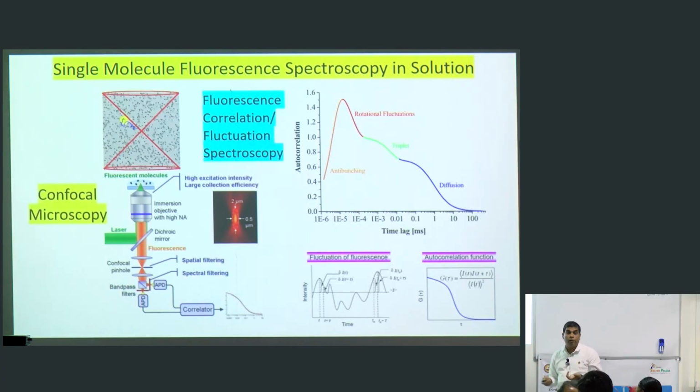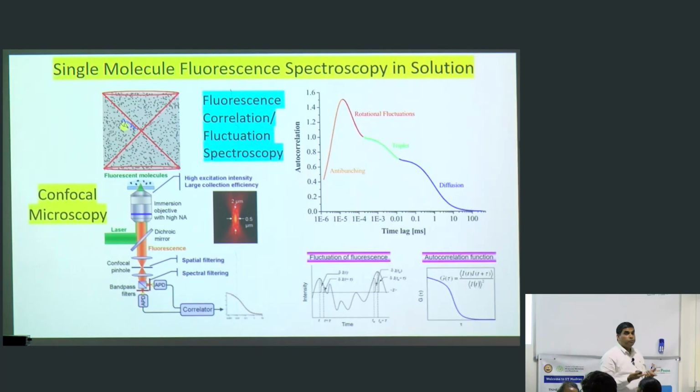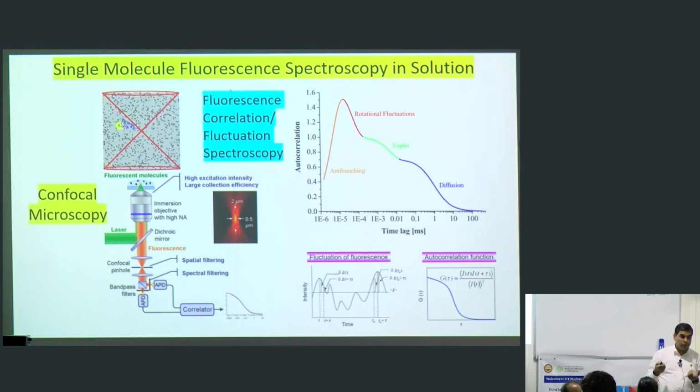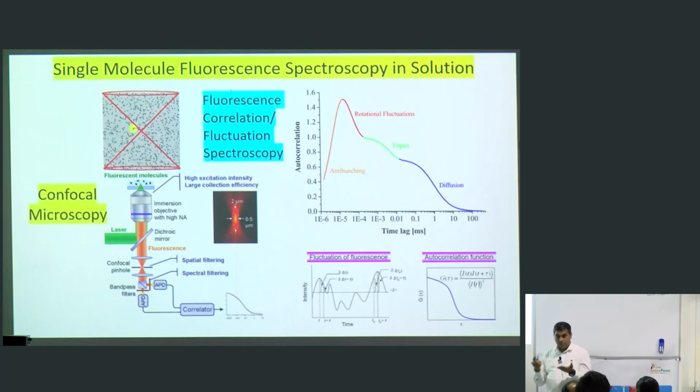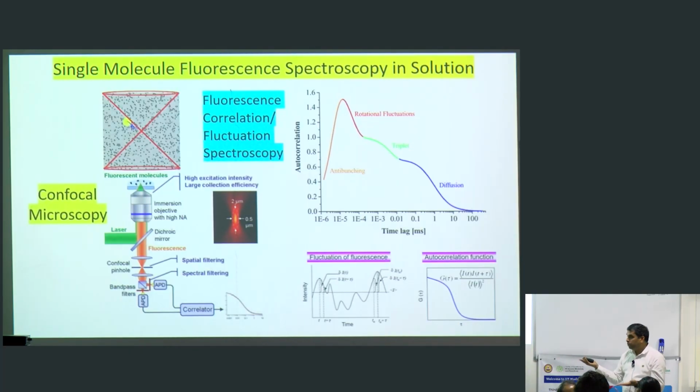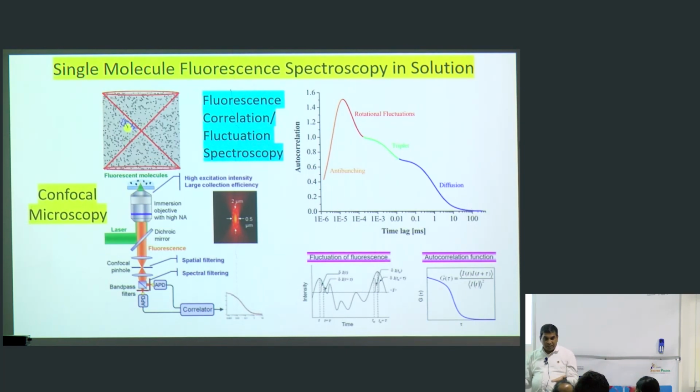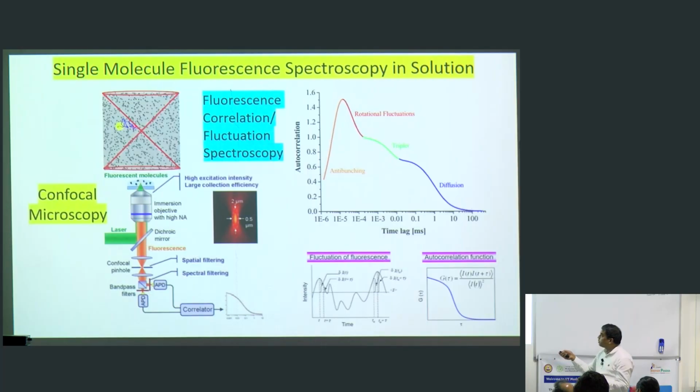We call it the confocal volume, which is in principle 10 power minus 15 liter, which is a femtoliter. And if you have nanomolar concentration, femtoliter is minus 15, nanomolar is minus 9, so it is basically minus 24. Now if you divide by the Avogadro number, it gives you 0.6. So basically at a certain point of time, you are capturing the events of a single molecule.